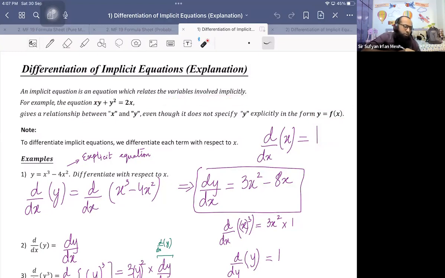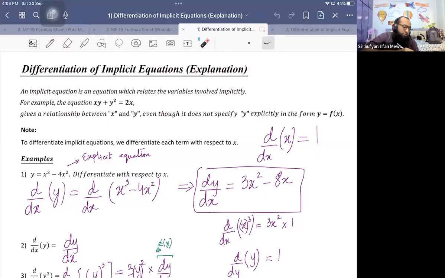For example, the equation of the form xy plus y squared equals 2x. Now in this equation, y is not the subject, nor can it be made the subject. Even if we try to make y the subject, we cannot, because over here is also y, and over here is also y. We cannot express y in terms of x.